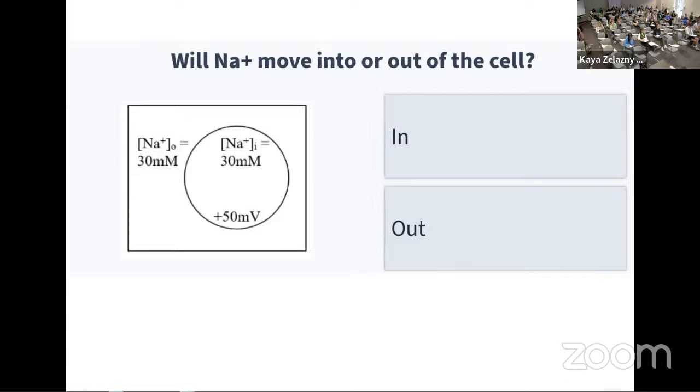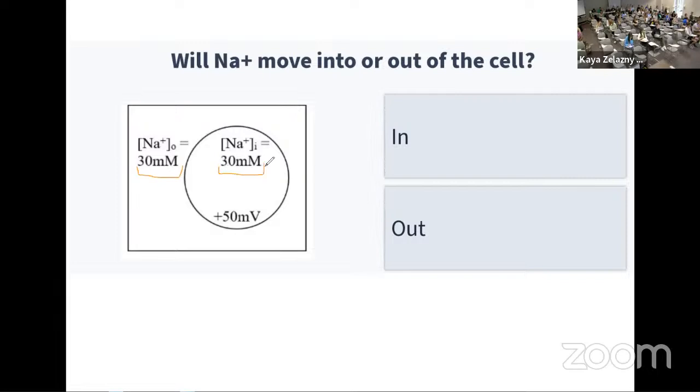So to do this, first, we're going to think about the chemical driving force. What direction is the chemical driving force, the CDF, pointing in this case? It isn't, right? There isn't a chemical driving force because these are equal.